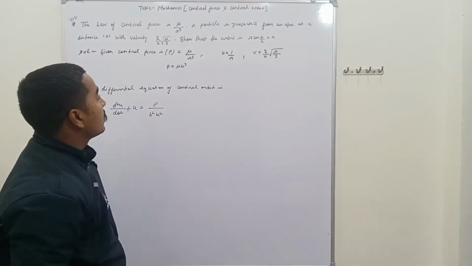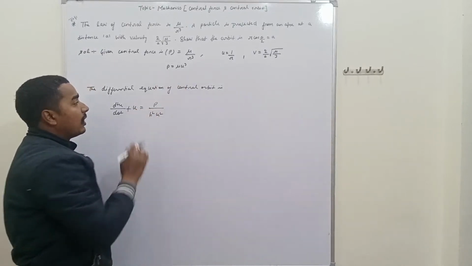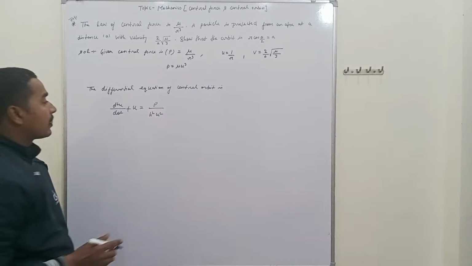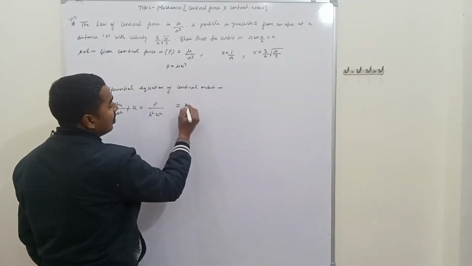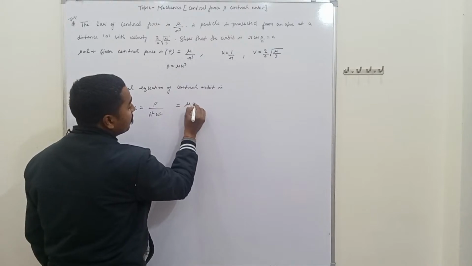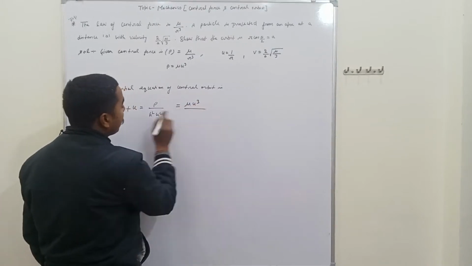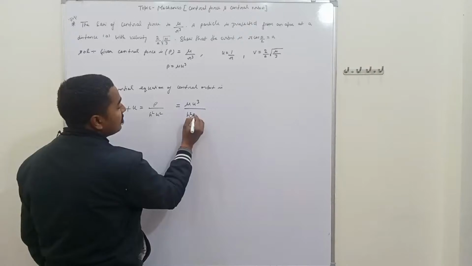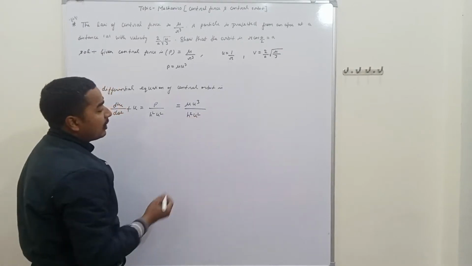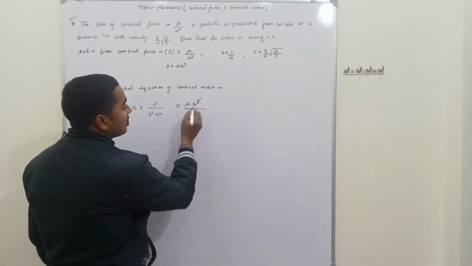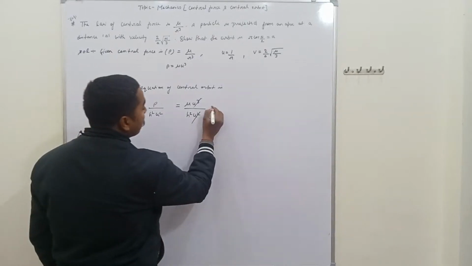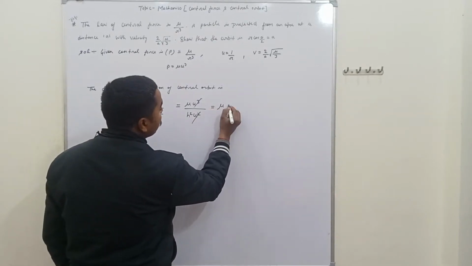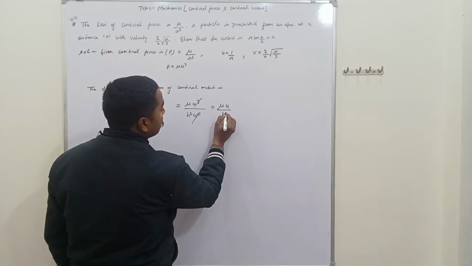Further we put the value of P in the differential equation, that is P is mu into u cube. From here u square and u cube cancel, remaining is u, that is mu into u upon h square.